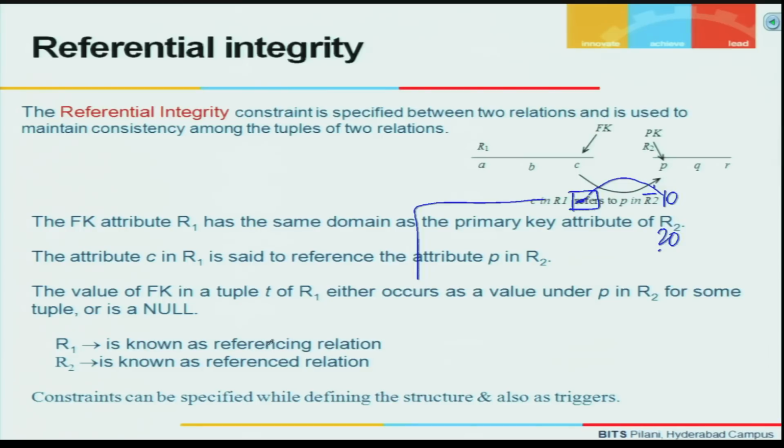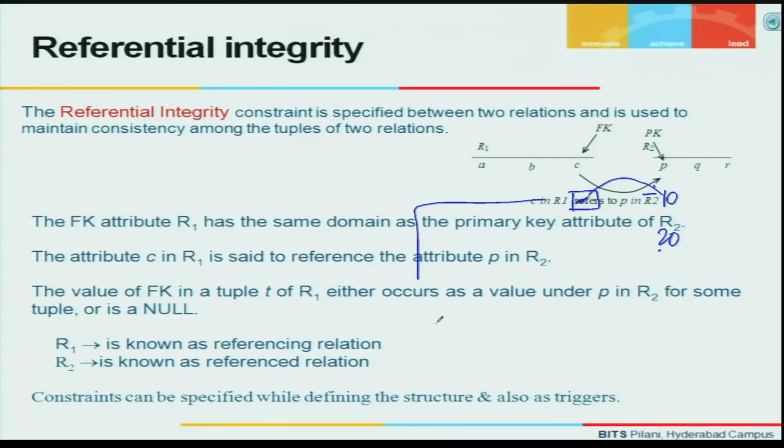R1 is known as a referencing relation in this example, which is dependent on R2. R2 is not dependent on R1, but the column values of R1 are certainly dependent on column values of R2. So that is why we say that R1 is a referencing relation and R2 is known as the referenced relation.